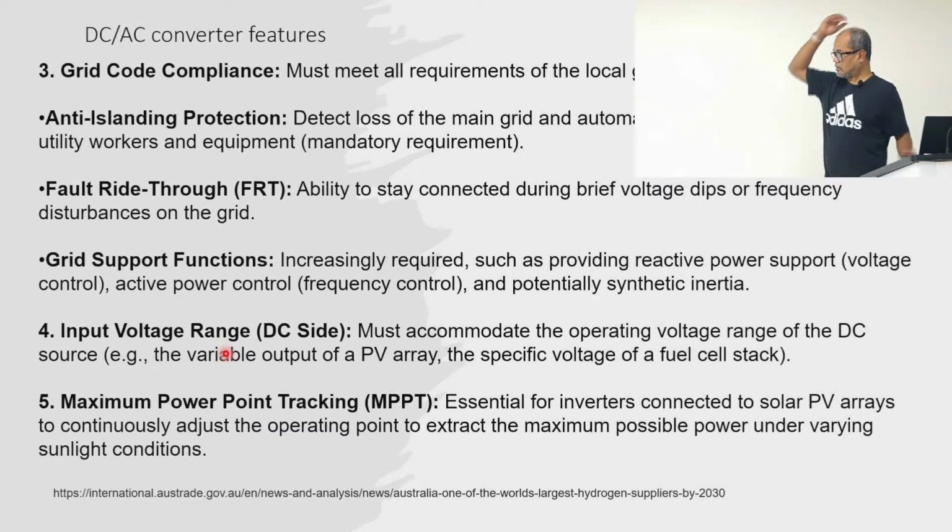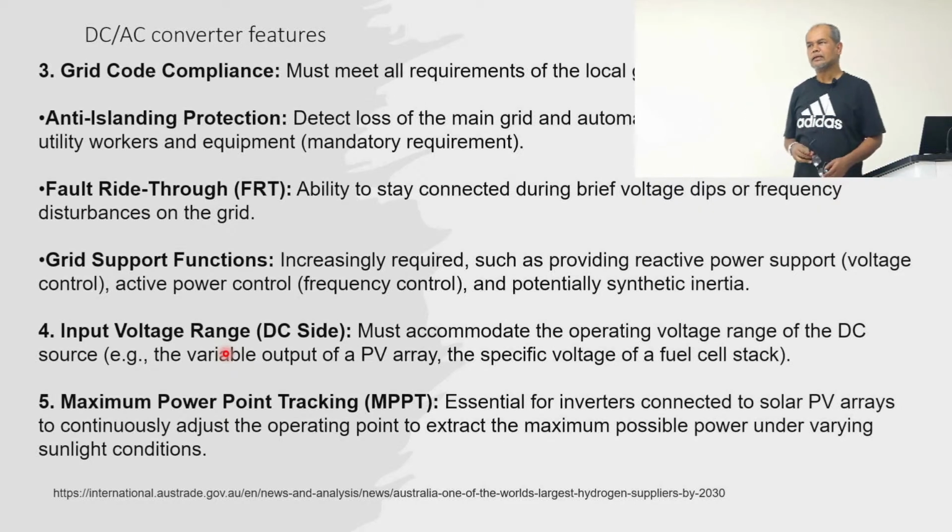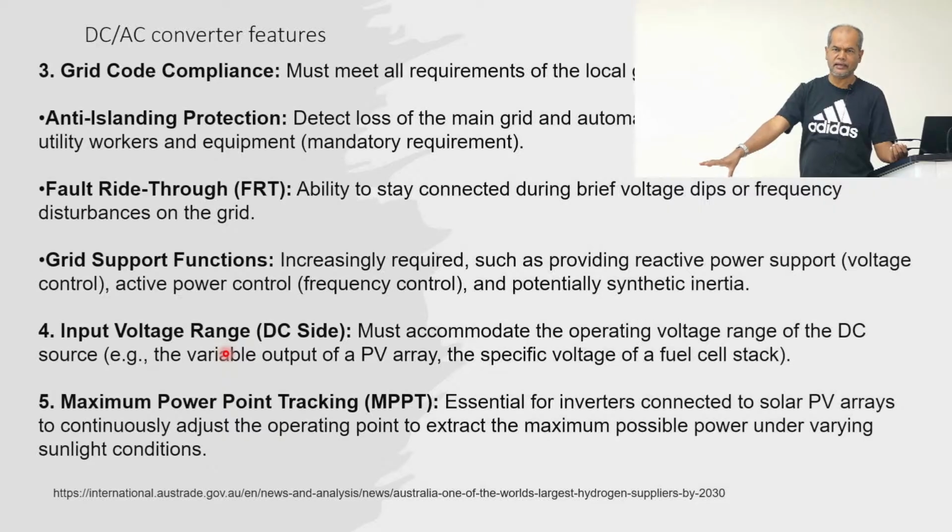And also, mostly you probably know that every grid, either the Indian grid or the Australian grid, has some grid codes. So if you want to connect any new power plant with the grid, here in Australia, for example, we have the Australian Energy Market Operator. We have to do a number of tests to show that it satisfies the Australian grid code requirement, and the same thing would be in India as well.